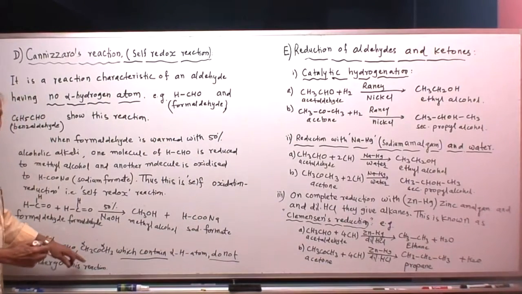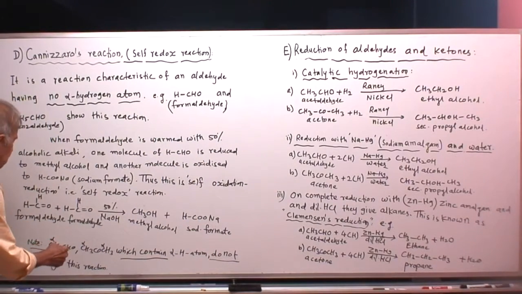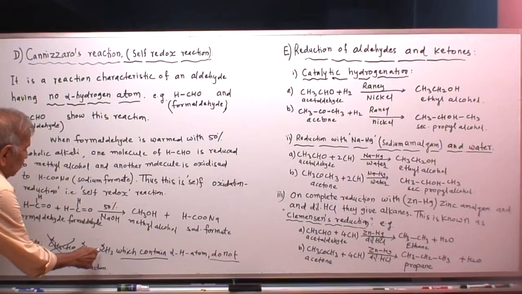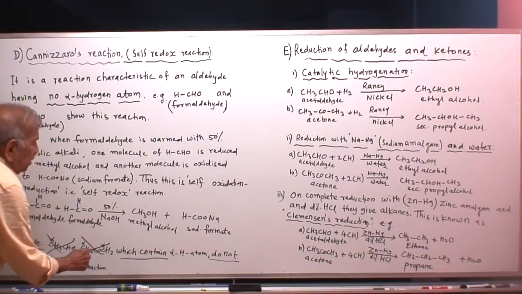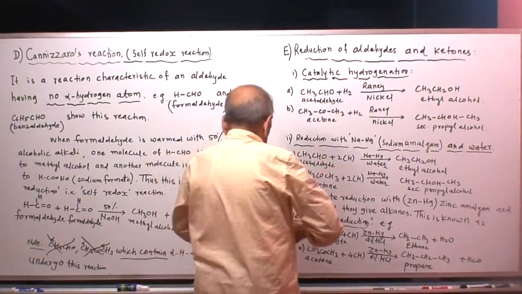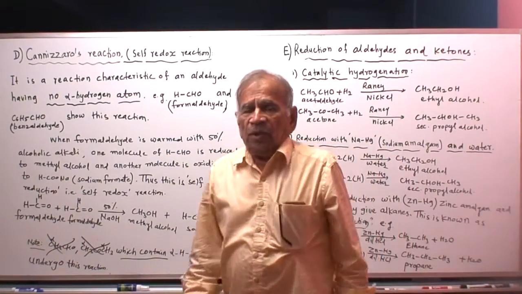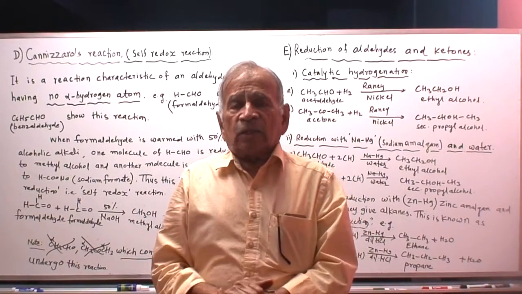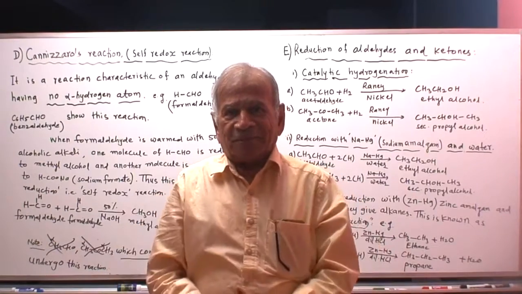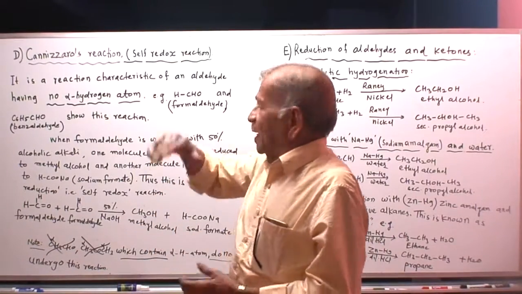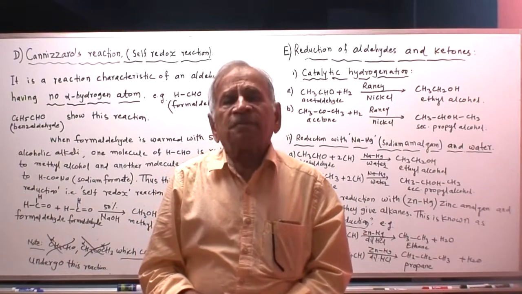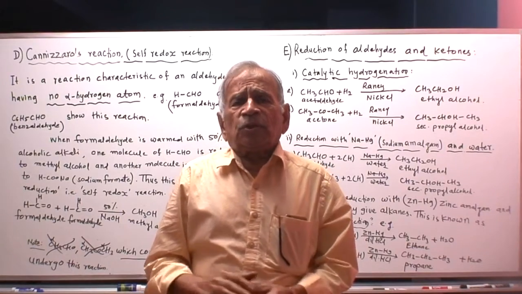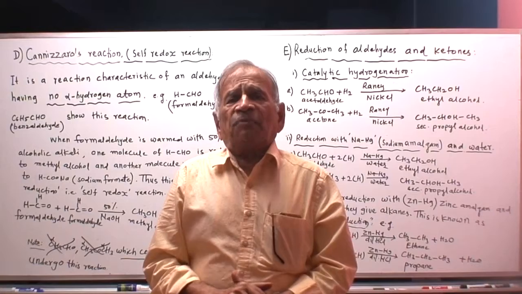Acetaldehyde, CH3CHO, contains alpha hydrogen atom, hence it will not undergo Cannizzaro's reaction. Similarly, acetone, which has alpha hydrogen atom, will not undergo Cannizzaro's reaction. Thus, we have studied two reactions. Number one, aldol condensation, characteristic of aldehydes and ketones which contain alpha hydrogen atoms. And Cannizzaro's reaction, that is self-redox reaction, which is characteristic of aldehydes which do not contain alpha hydrogen atom.